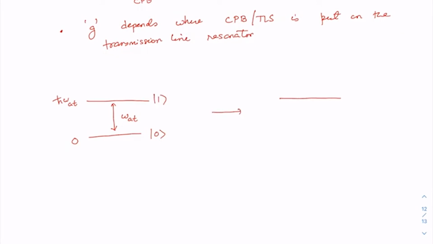Earlier we had a situation where the ground state energy was minus h cross omega atom by 2 and the excited state had energy h cross omega atom by 2, and the transition frequency, of course, is still omega atom.